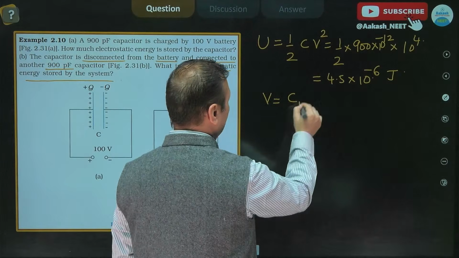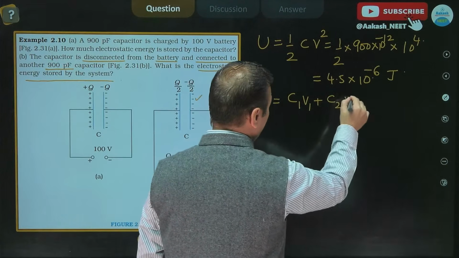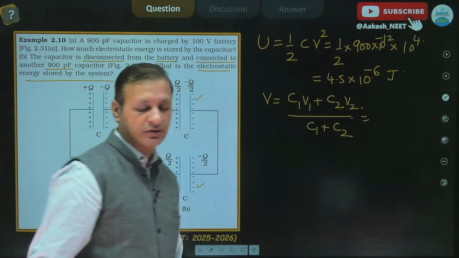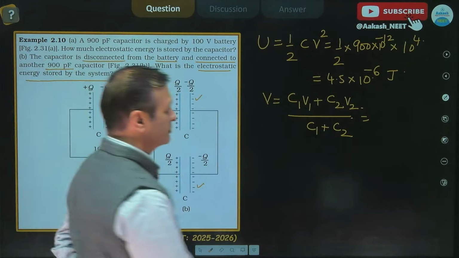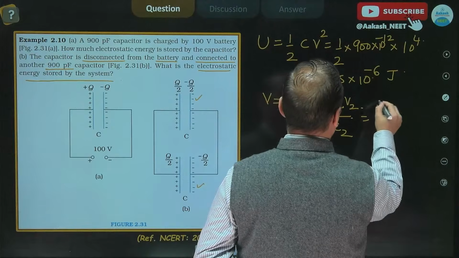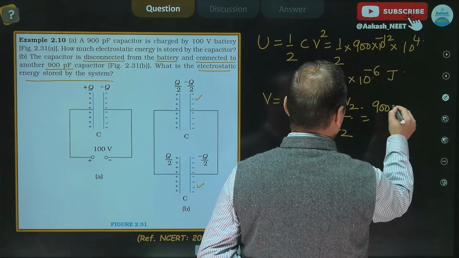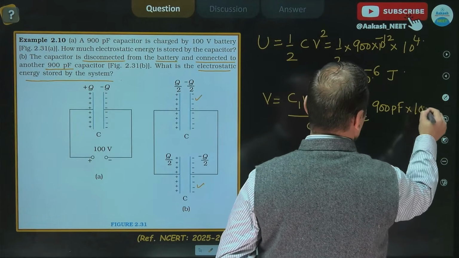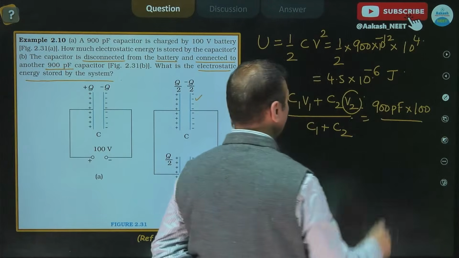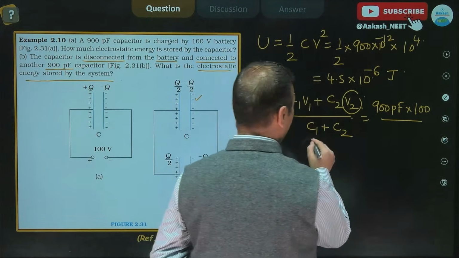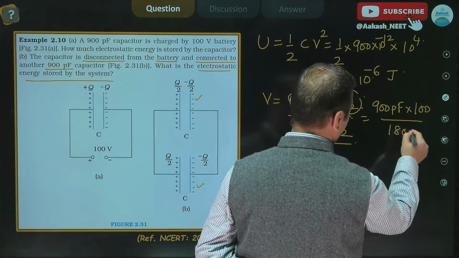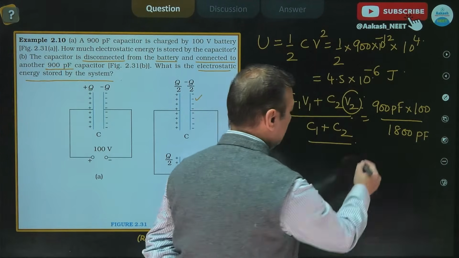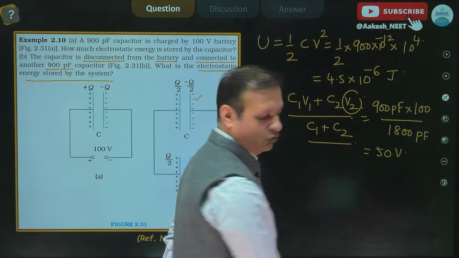The final common potential is (C1V1 + C2V2) by (C1 + C2), and you can have it just by putting the values. So C1 is 900 pico multiplied by V1, which was 100, but in this case the other is uncharged, and then C1 plus C2 will give you 1800. Got it or not? And that gives you 50 volts.